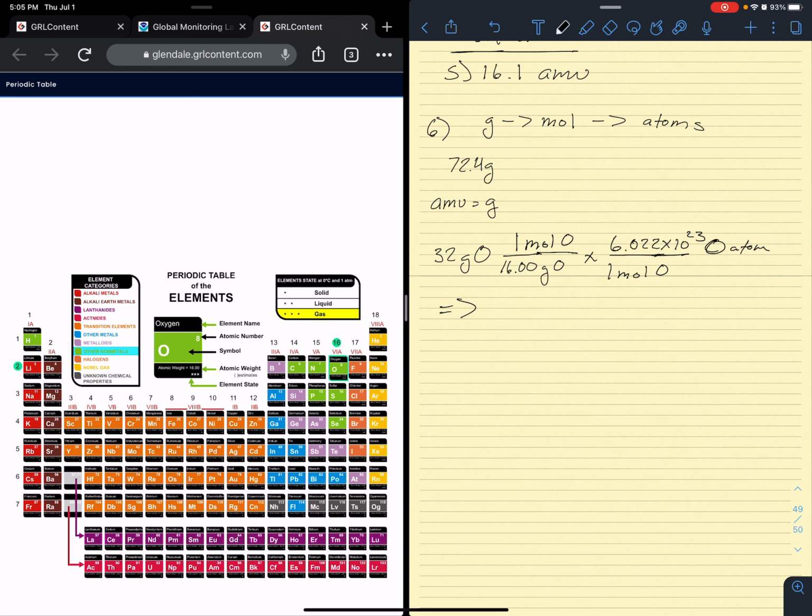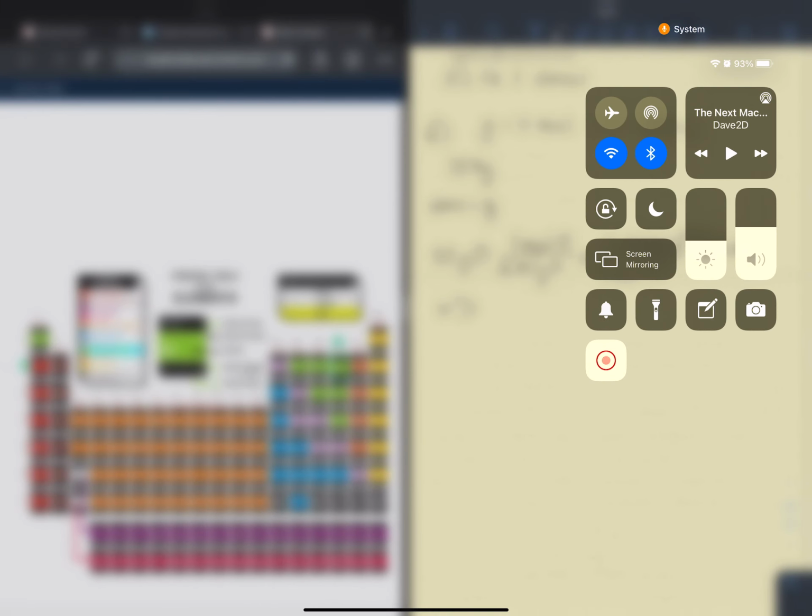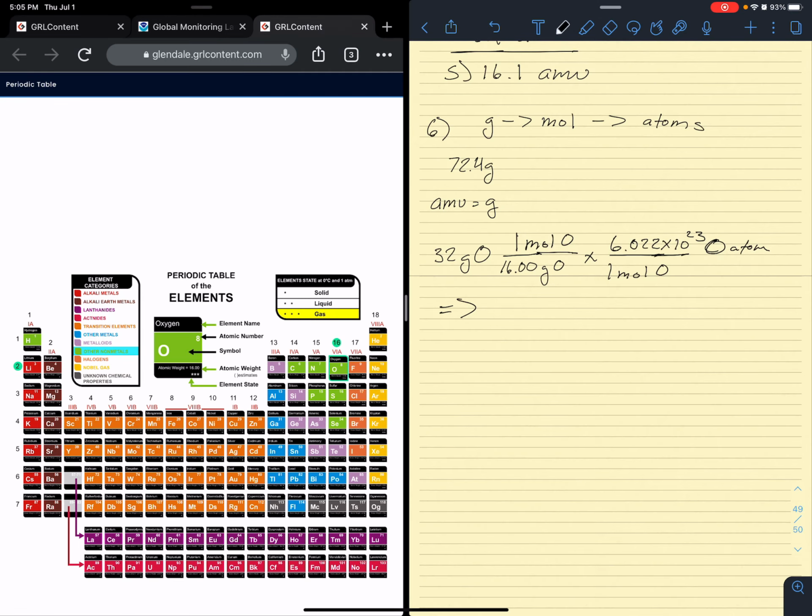Let me find my calculator real quick, because I need to use that. Here it is. So with 32 in the calculator, well, I like to do it the long way, putting the 1 divided by 16.00 and then times 6.022.